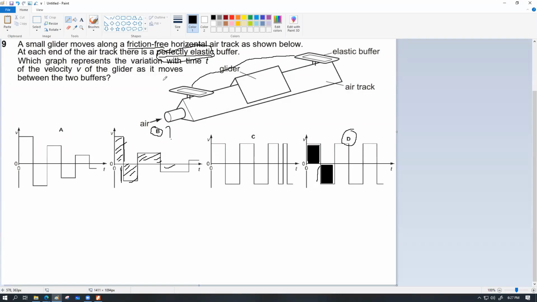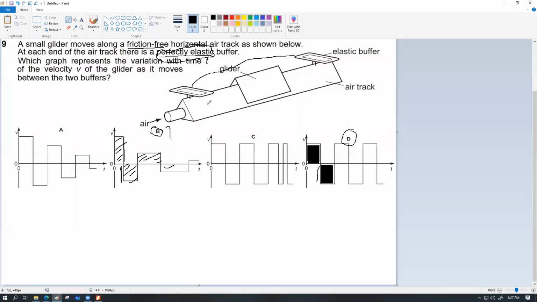This glider is moving back and forth because someone already gave it a little bit of push and the motion is continued further. This glider is not being moved by air. Air is only providing a small cushion between this triangular support and the glider.